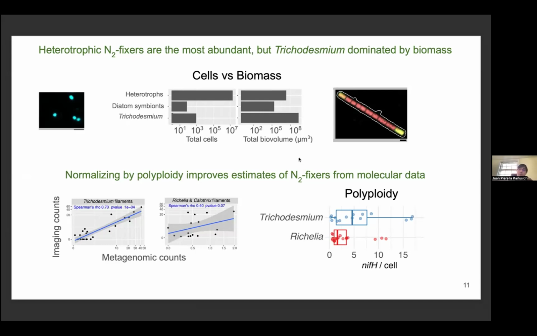This is a problem for quantifying plankton using DNA. And well, we were able to, for example, inform the higher polyploid level of Trichodesmium regarding Richelia. So there is an overestimation of certain nitrogen fixers towards others when analyzing molecular data.